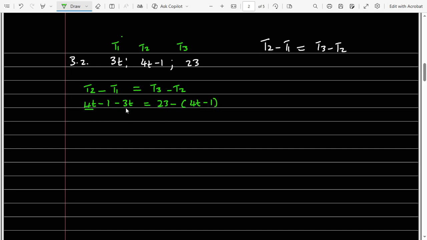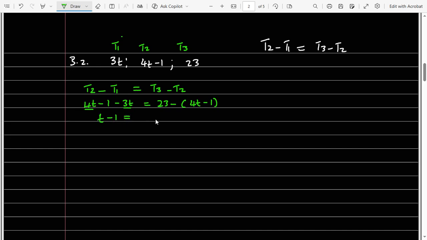Then the like terms, 4t minus 3t, what is that equal to? 4t minus 3t, that's t. This will be t minus 1.